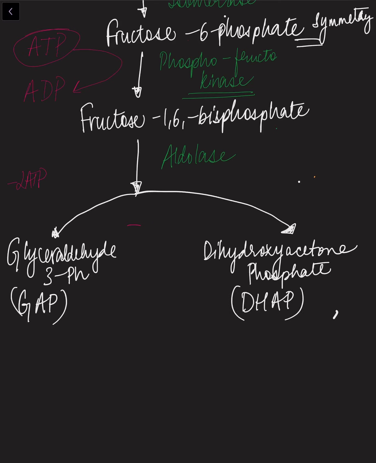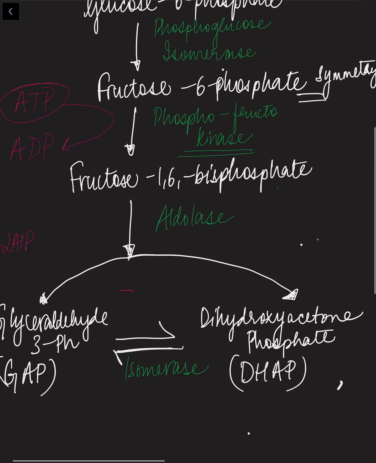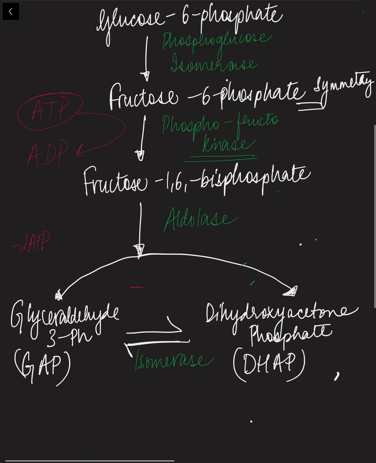And these two intermediates are interconvertible. It means that they can spontaneously change from one form to another without any need of energy, and it's under the enzyme isomerase. So you must have noticed that this is the second time we are using the enzyme isomerase. Isomerase is an enzyme used for the interconversion of two isomeric molecules.